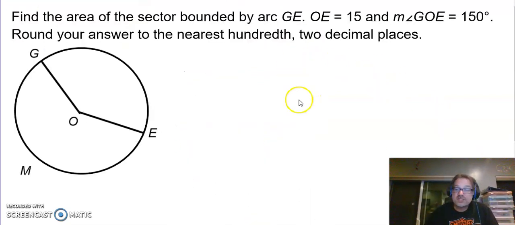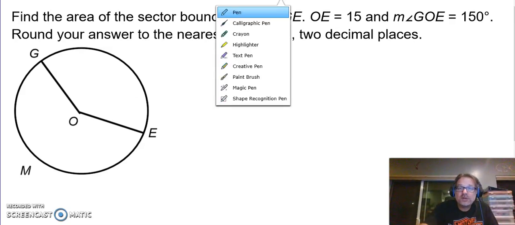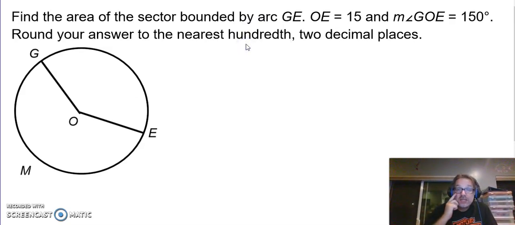Let's try another one because it's both fun and exciting. Find the area of the sector bounded by arc GE. They tell us OE is 15 and the measure of angle GOE is 150. Round our answer to the nearest hundredth. They said the sector bounded by arc GE.